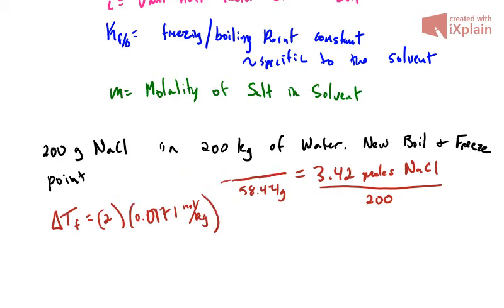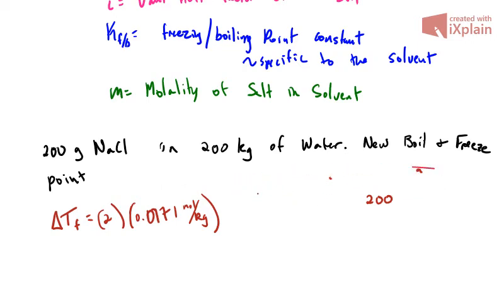I'll erase all that so it doesn't get too cluttered. And then, lastly, I need the freezing point constant for water, because water is my solvent. That is something that should be given to you, or you will have a table of them. And the freezing point constant of water is 1.86 degrees Celsius per molality.